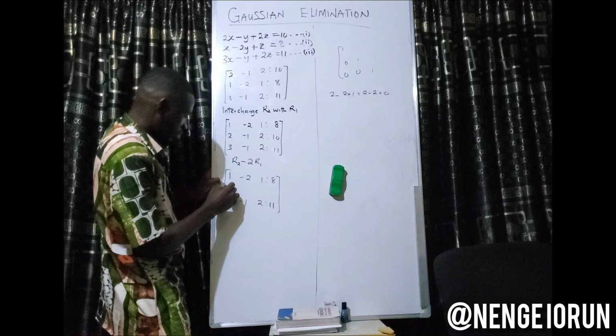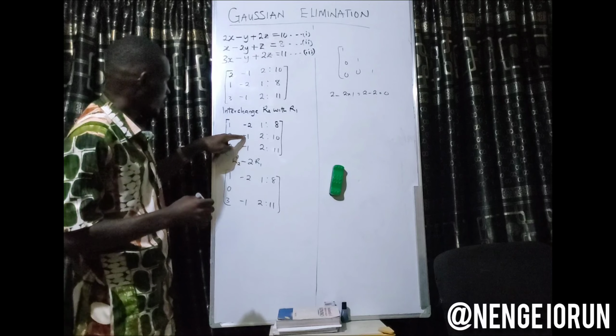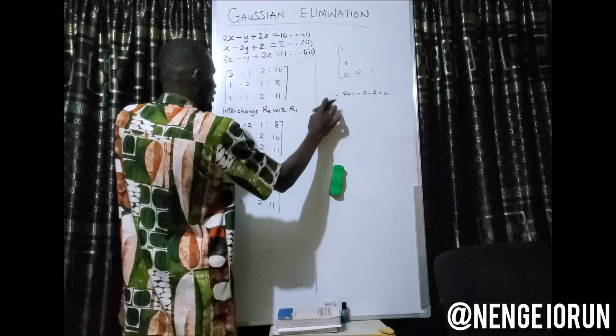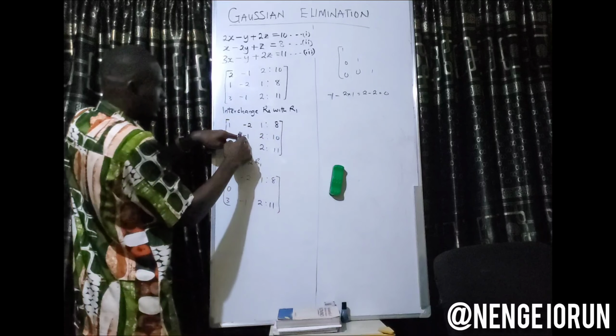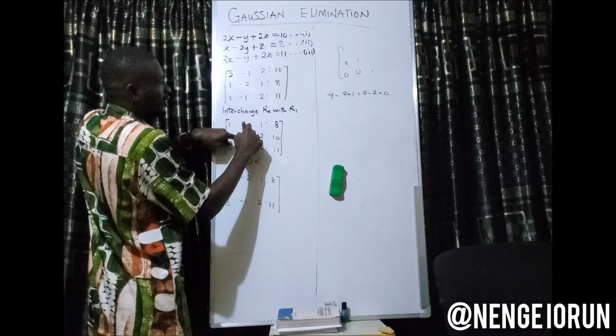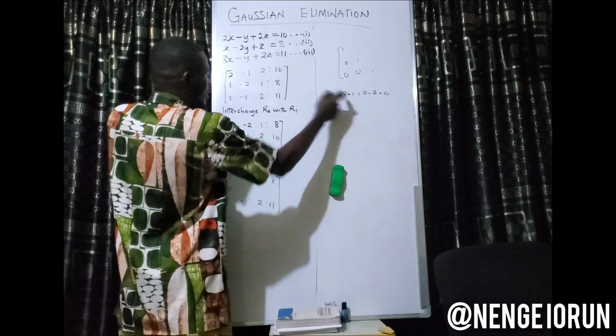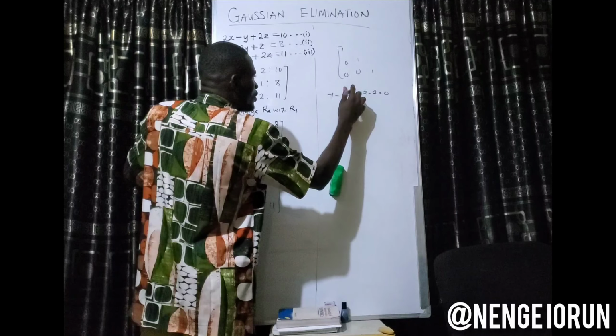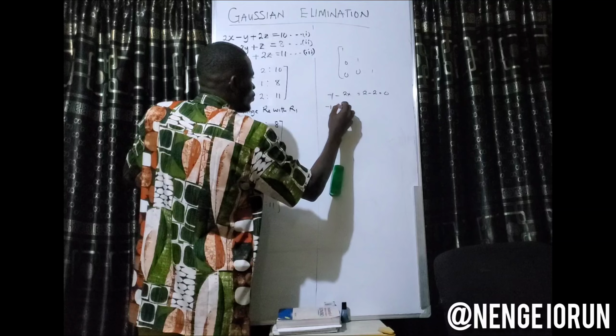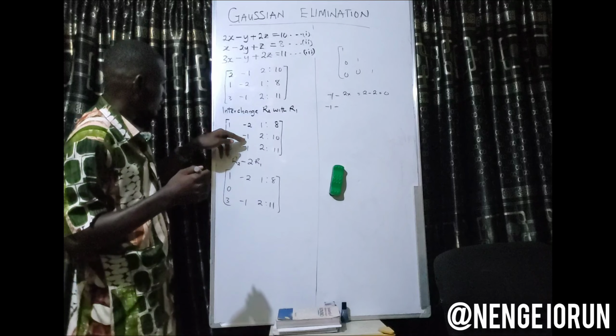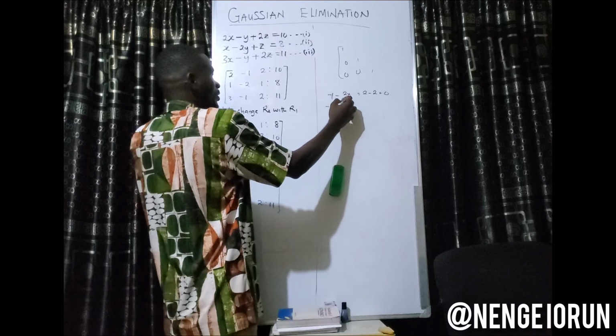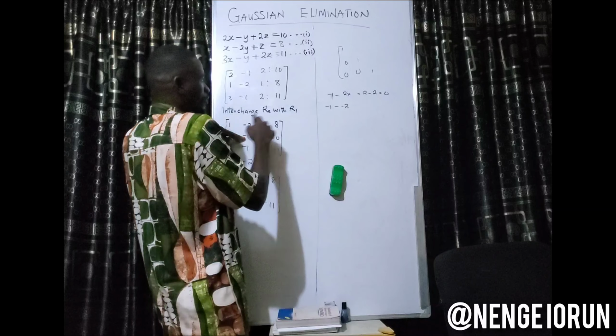So here we have 0. Then for this one, you have -1 minus 2 times -2.